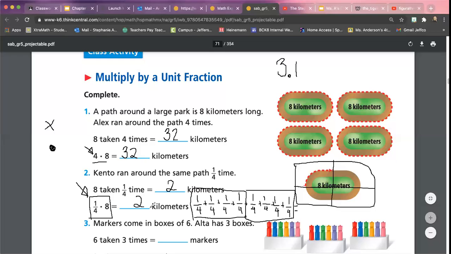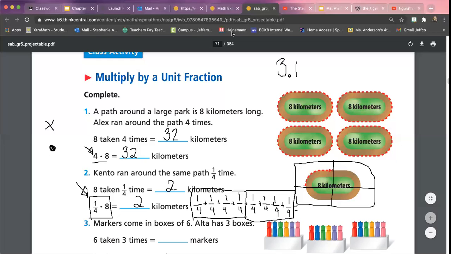But for right now, you can kind of see how this works. 1/4, and please make sure it's in your notebook, 1/4 times 8 is the same as 8 groups of 1/4. You guys know at this point, 4/4 makes a whole. So if I have 8/4, it's 2 kilometers.